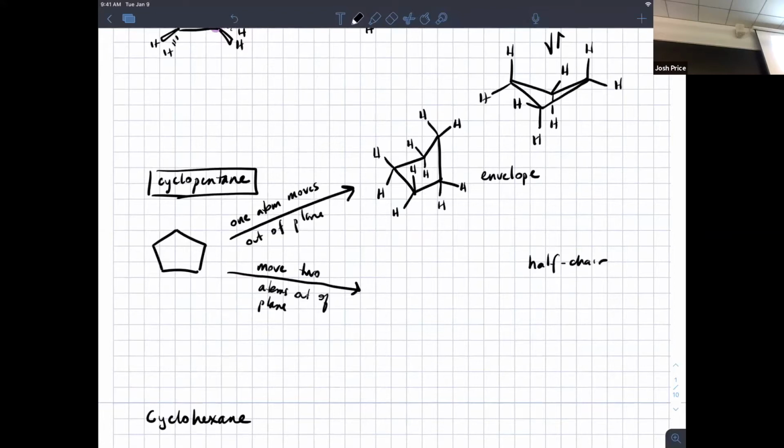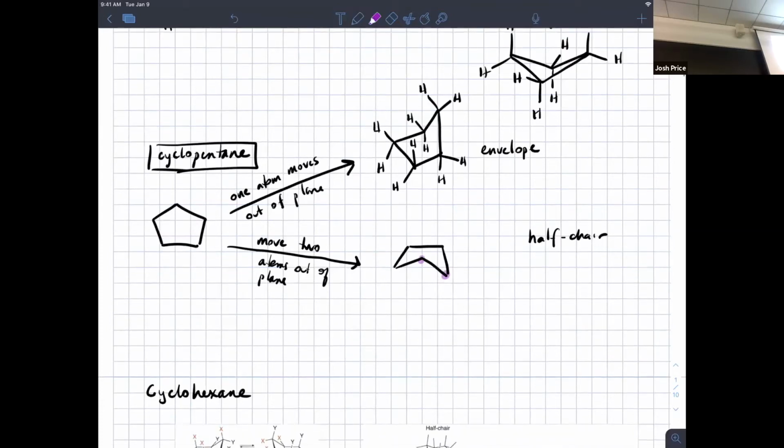And the way you draw this is you draw like you were starting to draw a chair, draw 3 sides, only you complete it like that. And it's hard to really tell the difference here between the envelope conformation and the half chair. I suppose if we wanted to be, I don't like that either. It's these 2 atoms here that have sort of moved out of the plane of the others.